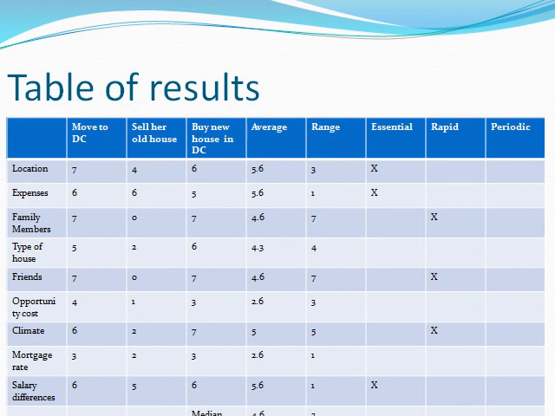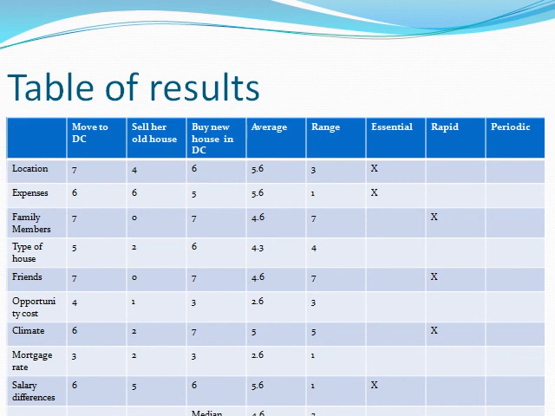After the ranking is completed, averages and ranges are found to determine if each individual factor plays an essential role in decision making, or if it requires rapid data collection or just periodic data collection for decision making.